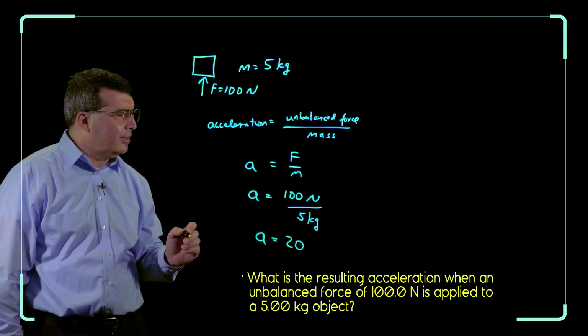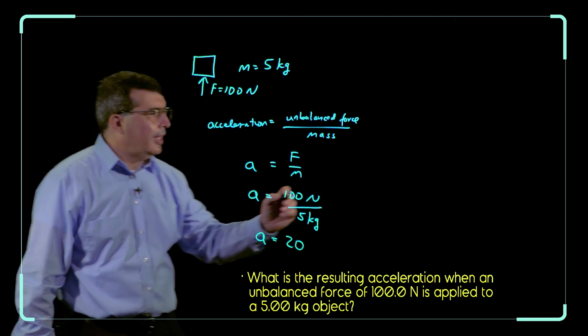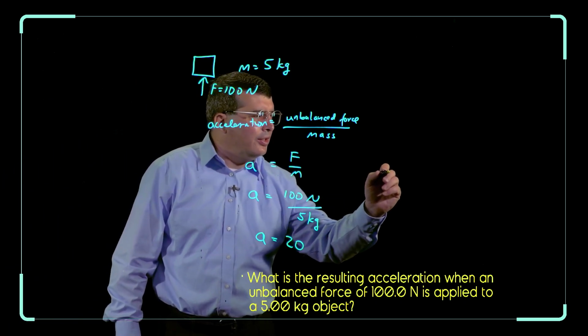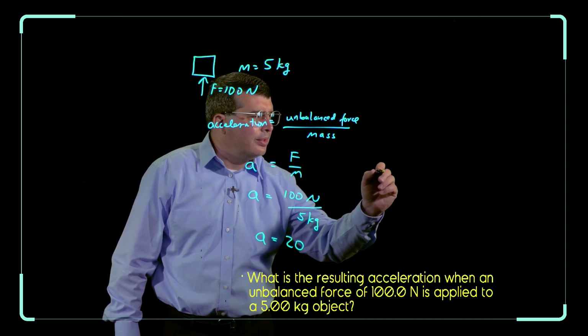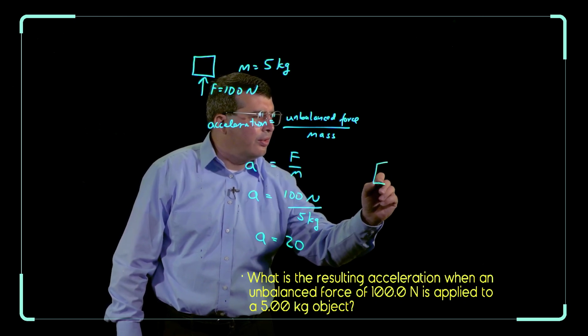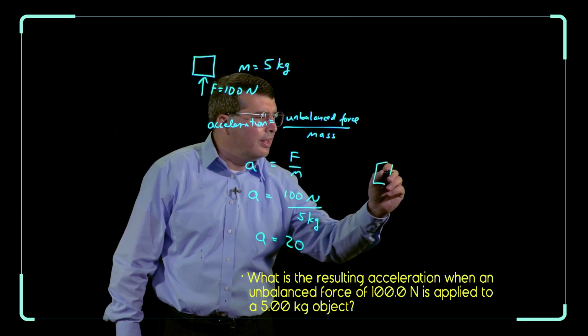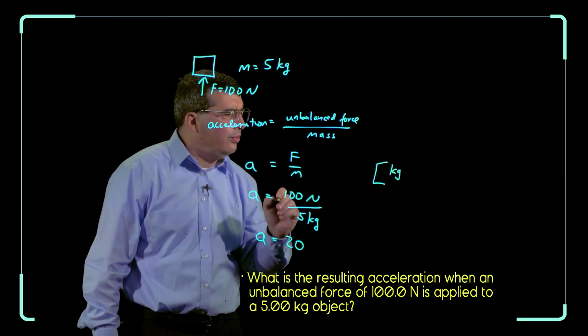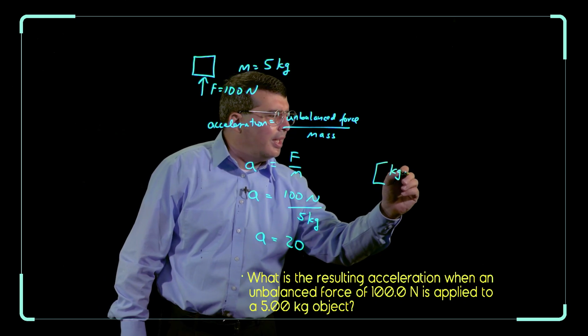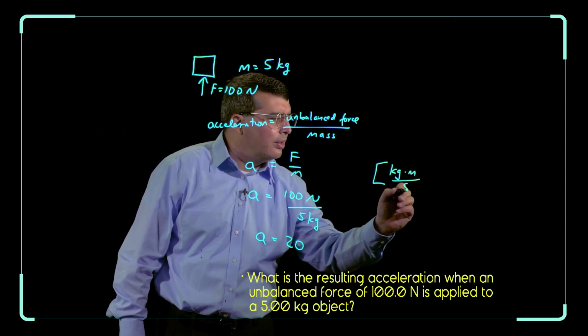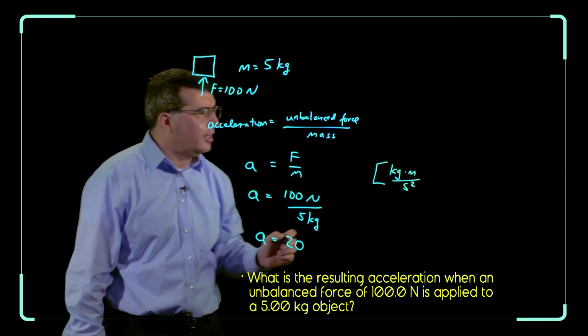And what are my units? Well, remember that I said that a Newton, I'm going to do my units over here, is a kilogram times a meter per second squared. So that is my Newton.